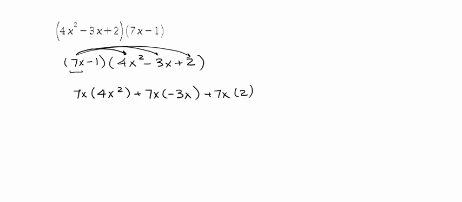So 7x times 2. Then I'm going to take my negative 1, and I'm going to distribute this to everybody in the second polynomial. So I have another negative 1 times the negative 3x. And notice I carry the sign that's in front of the term with me, right? And I have a negative 1. The last one to get it is this 2.